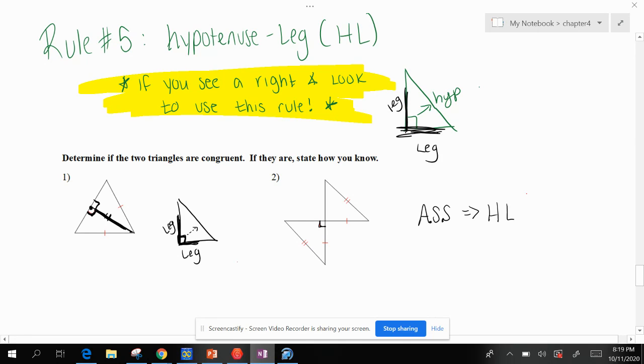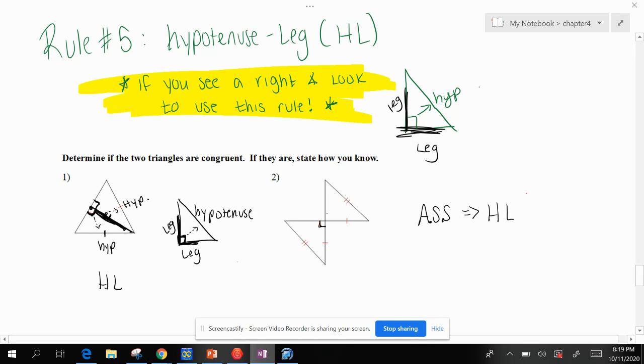The side across from the right angle box is called the hypotenuse. So I have a leg marked in this triangle, and across from the box is the hypotenuse, and that is also marked. And I have the same exact thing in the other triangle. A leg marked, hypotenuse marked. So this is congruent by HL.